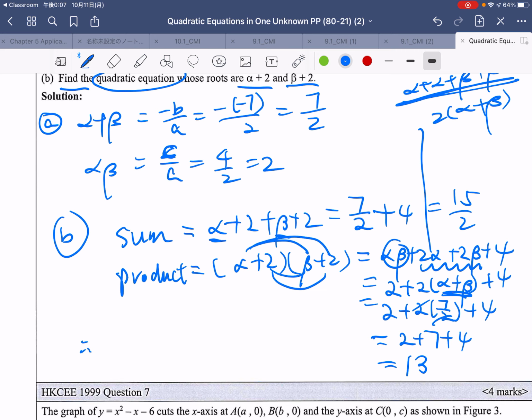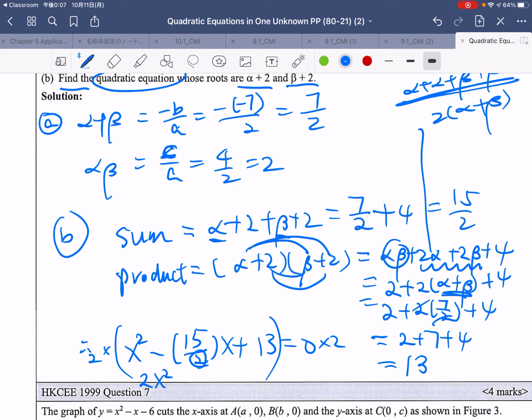So the new quadratic equation is x squared minus sum of roots x plus product of roots equals 0. Be careful, this one has a 2 as denominator, so you need to multiply both sides by 2 to cancel it. So 2x squared minus 15x plus 26 equals 0. That's the answer.